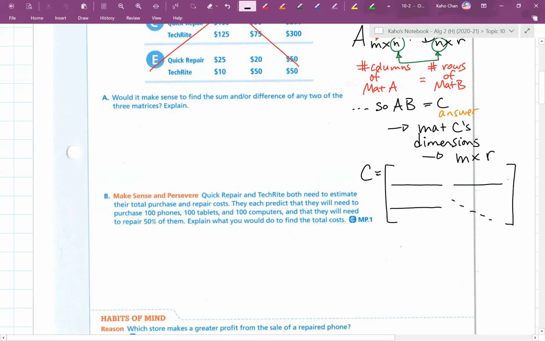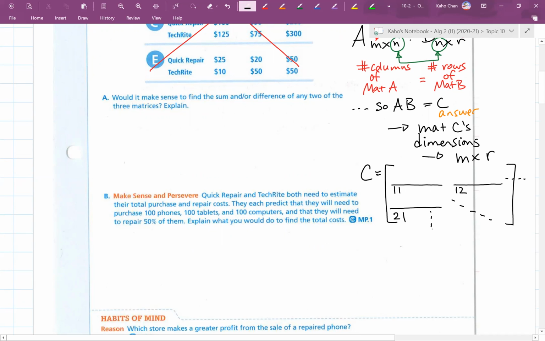Generically, I chose to write down row 1, column 1, row 1, column 2. Those spots have addresses on them, so I'll write them down generically: 1,1, 1,2, and another one down here, 2,1, et cetera. What that means is this.